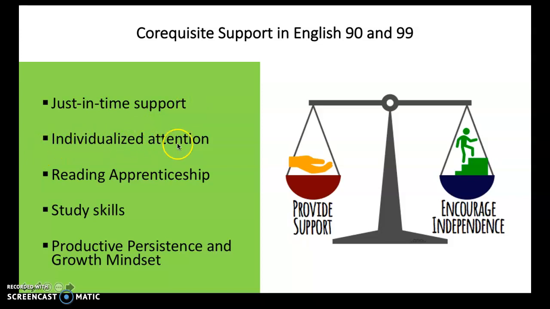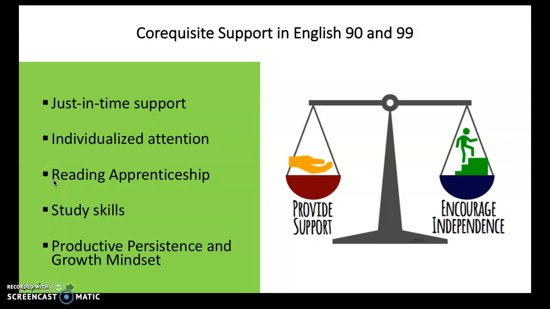You want to really emphasize individualized attention, perhaps during co-requisite support class time, but maybe also in some additional sessions outside of either the lecture class or the seminar support class.